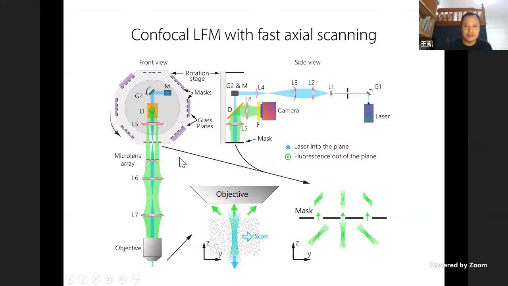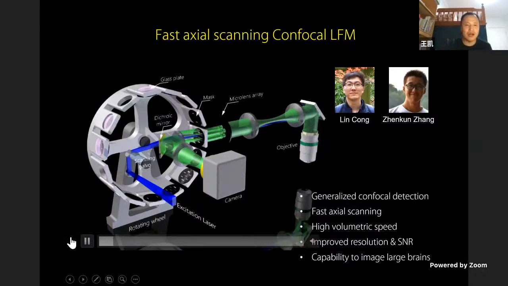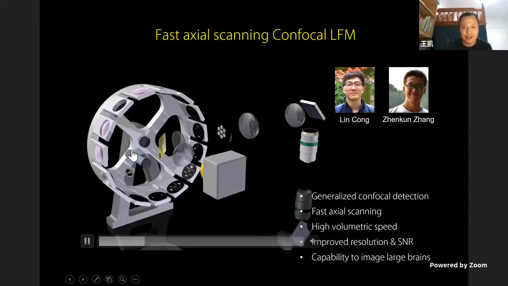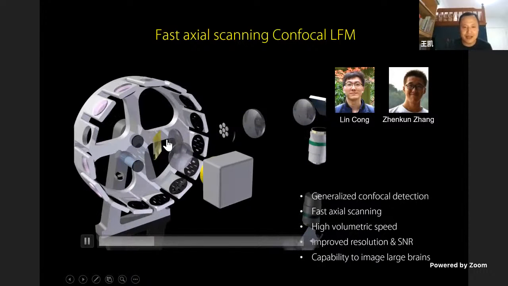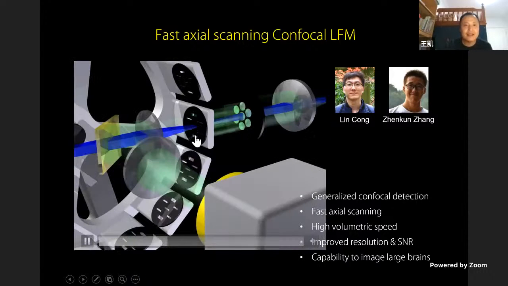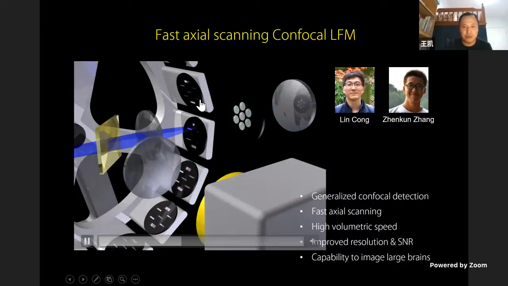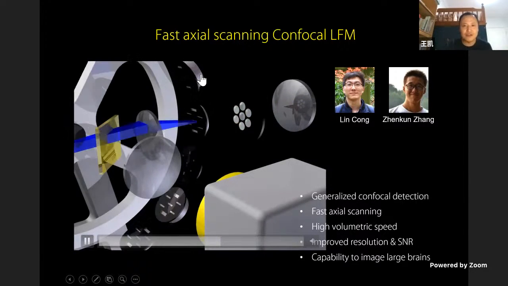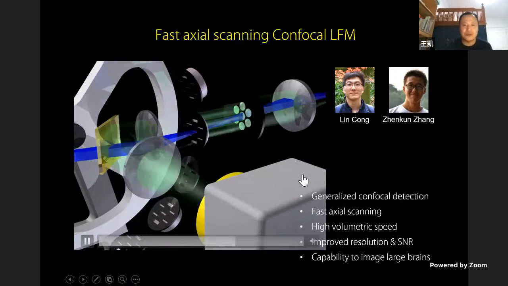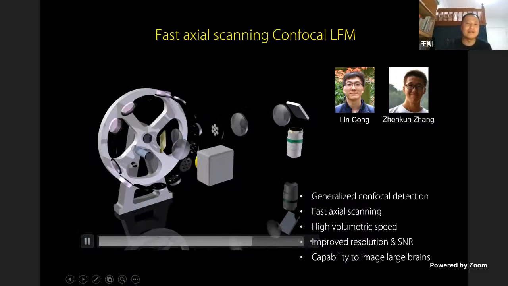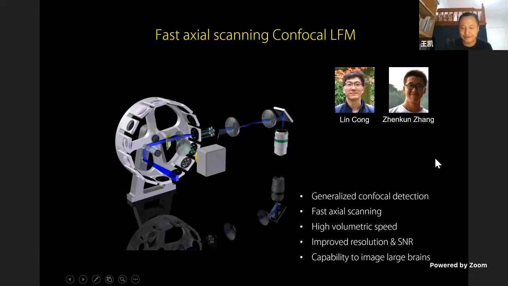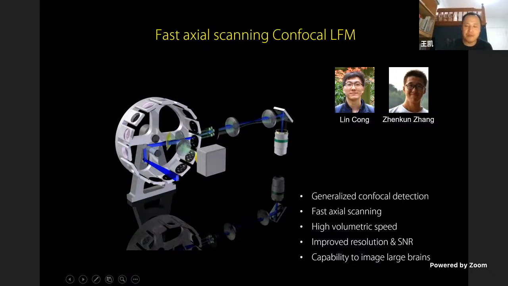And we have even more animation for that. So you can see we use a galvo to scan the exciting laser together with the mask. The mask is on a rotating wheel, and we have different glass plates of different thickness. So in this case, we can scan in the axial direction at very high speed. So we have all this problem solved.